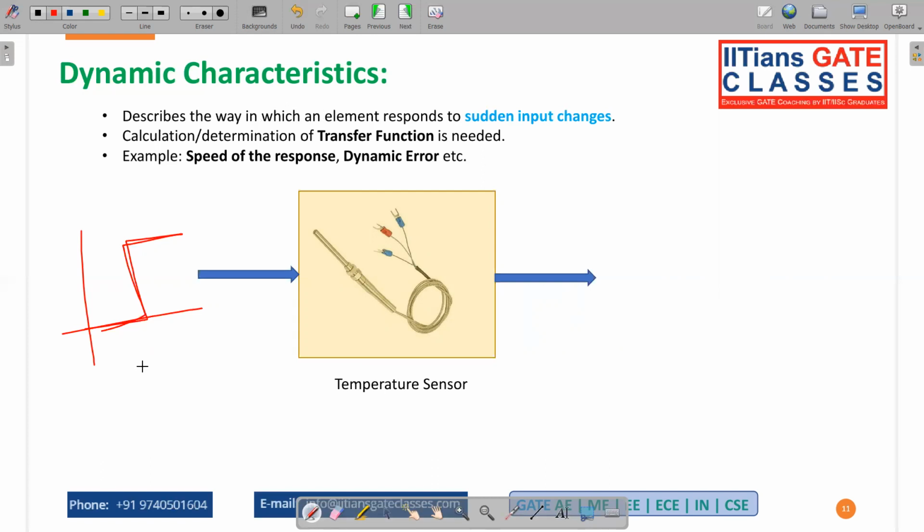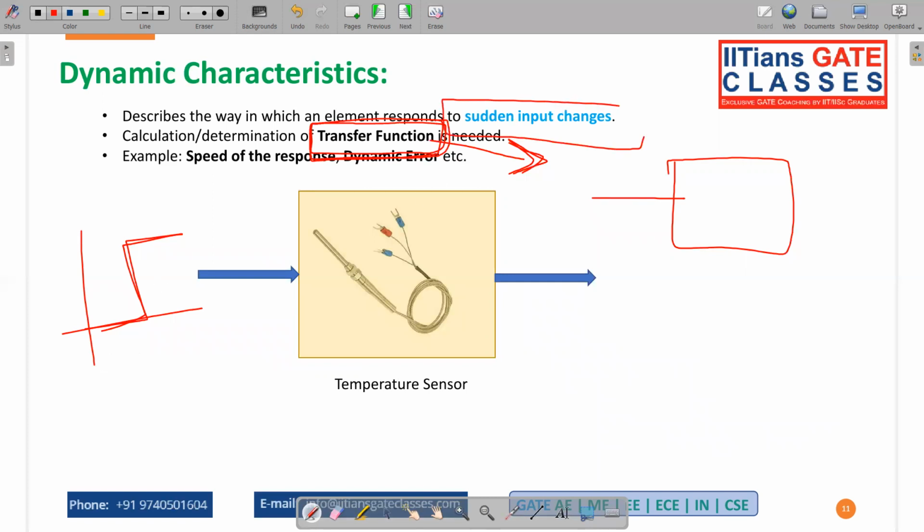So how can you quantify these dynamic characteristics? You have to find the transfer function. Now, how can you find the transfer function of the sensor? First, you have to do the mathematical modeling of the sensor. Then you can find the transfer function, and with that transfer function you will apply the particular input. This could be varying with respect to time, and this could be a sudden variation.